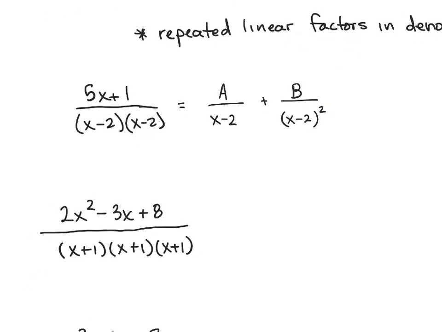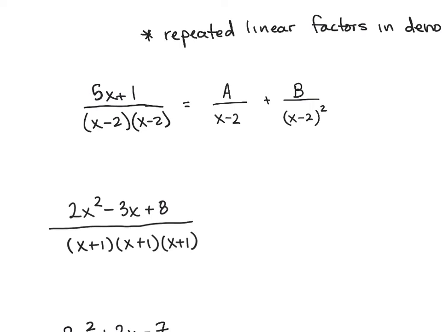So another example here to look at, we have x plus 1 repeated 3 times, which means we're going to have 3 partial fractions. And then since x plus 1 is the repeated factor, each time it repeats, you have to increase the exponent by 1.